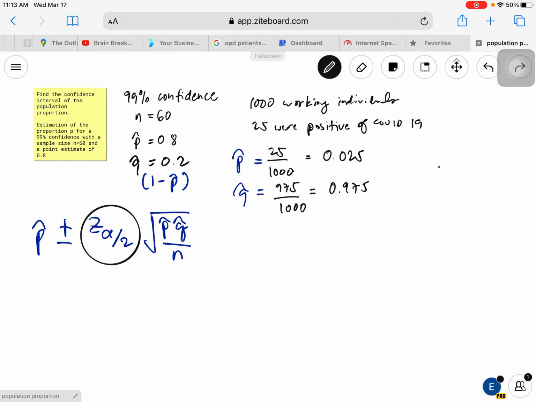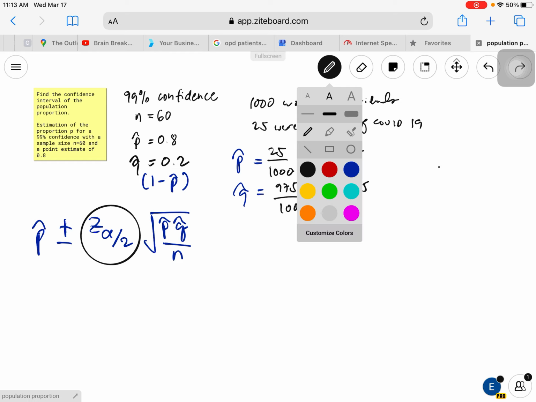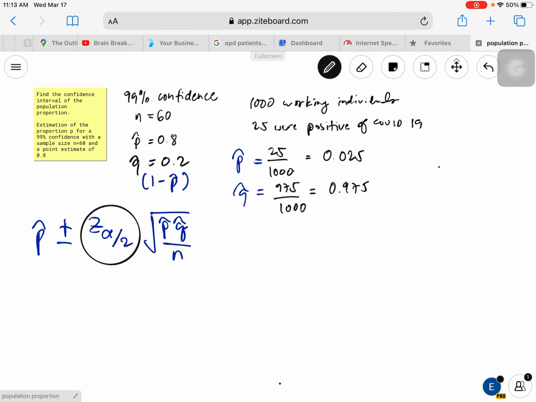So alpha here, by the way, in this case, how do we find alpha? It's just equal to 1 minus the confidence. The given, in this case, is 99% confidence. So 1 minus 0.99.